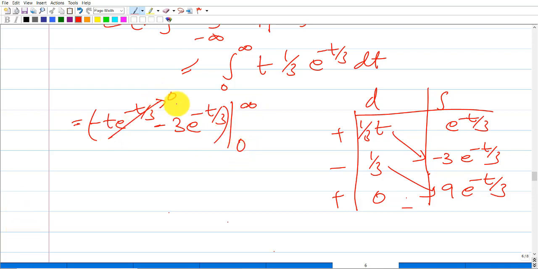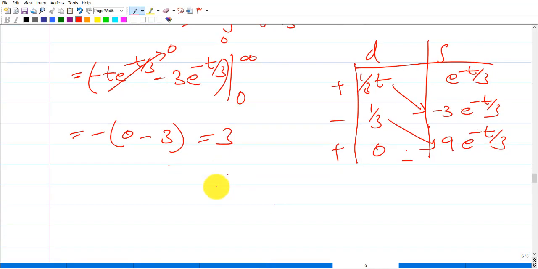This term will straightforwardly go to 0. For infinity, it would be 3 e raised to power minus infinity, which is approximately 0. So that will be 0 minus e raised to power 0, which is 1. So that will be simply 3. So that is the same as what we found using the direct relation.